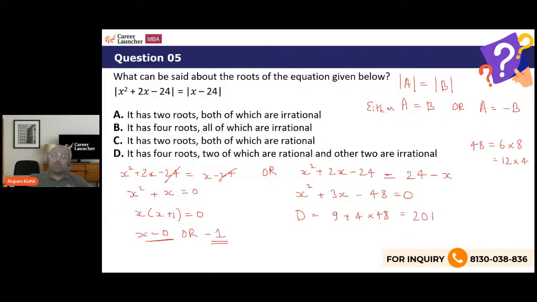So the discriminant is not a perfect square. Therefore, two roots are rational, 0 and minus 1. The other two roots are the roots of this equation. First of all, this equation does have roots because the discriminant is positive, but they are irrational, right? So option D makes perfect sense.